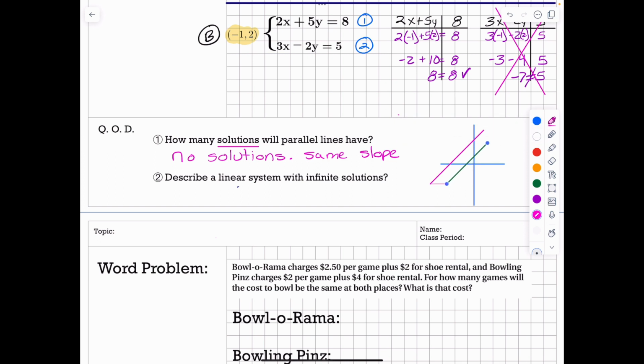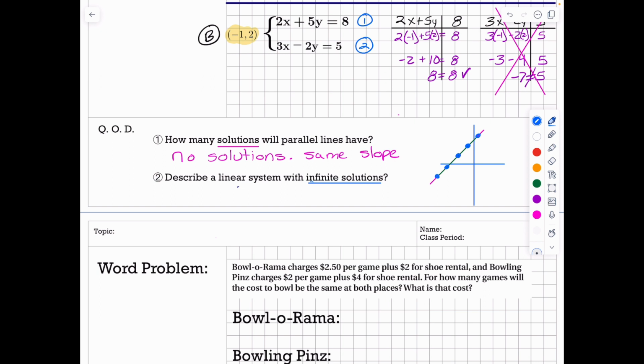And then I dragged my green line on top of that pink line. And what we see is that every point along either of those lines can be a solution. So these two lines can have an infinite number of solutions.